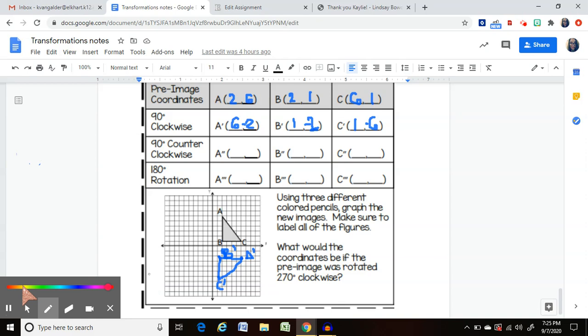So when you have 90 degrees counterclockwise or 270 degrees clockwise, you will see it both ways. You flip the x and the y. So I'll still have this flipped, except what was originally my y is going to be opposite. So I flip my x and my y. My original y is opposite.